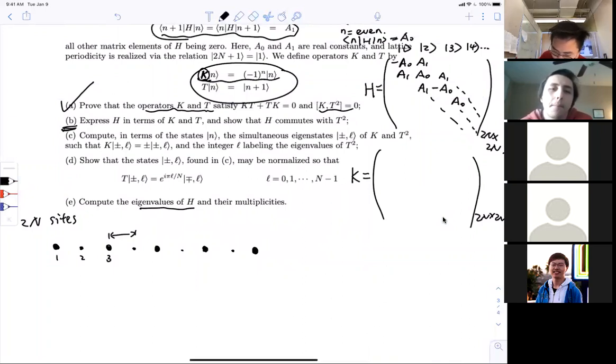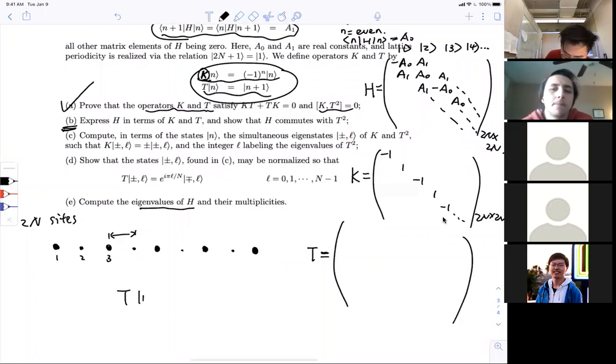The diagonal elements are given by minus 1, 1, minus 1, 1, minus 1, stuff like that. And T is not Hermitian, and the only non-zero element is given by this, which is 1.